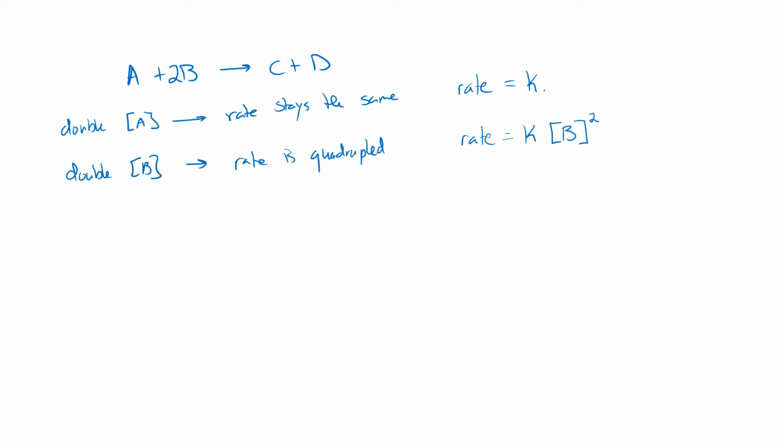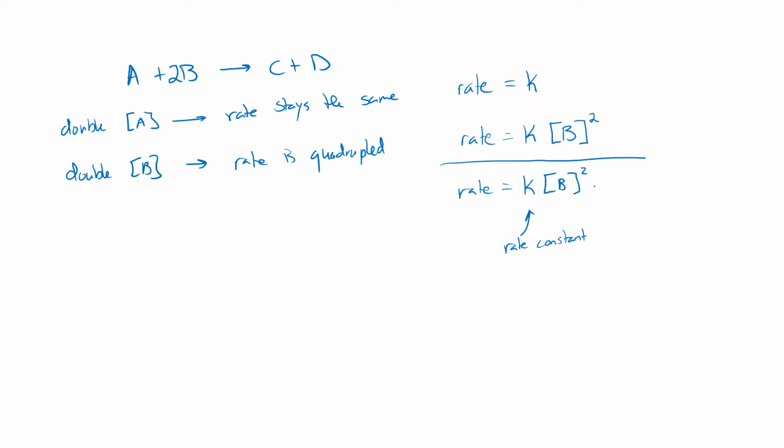And so we do the same trick. We take these two equations and we combine them and we get the rate equals K times the concentration of B squared. And remember, when we combine K's, we just get a new K. So we have our rate constant here, and then we have the concentration of B squared here. Right?